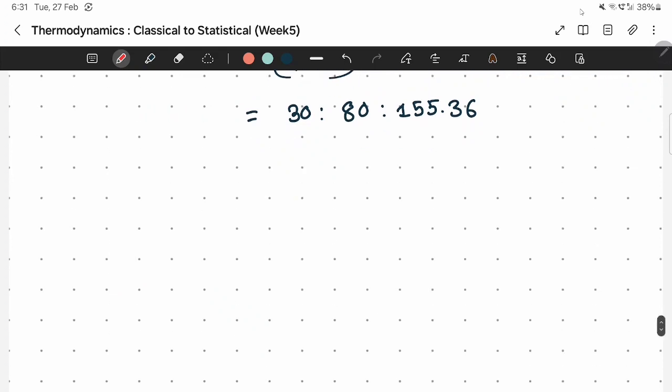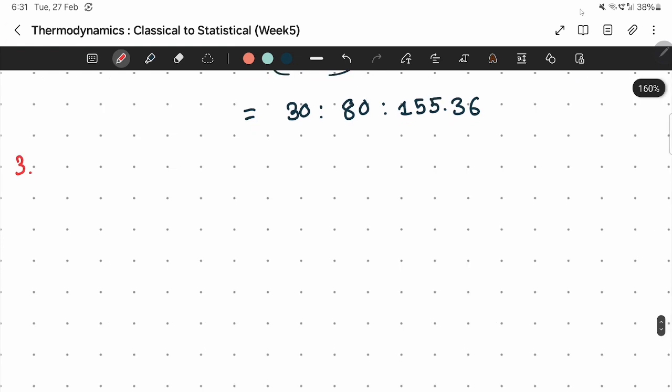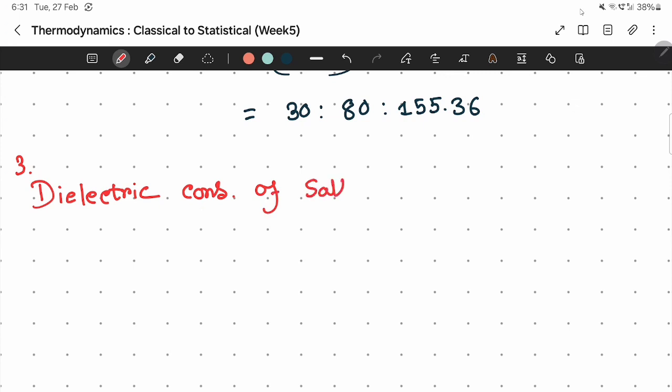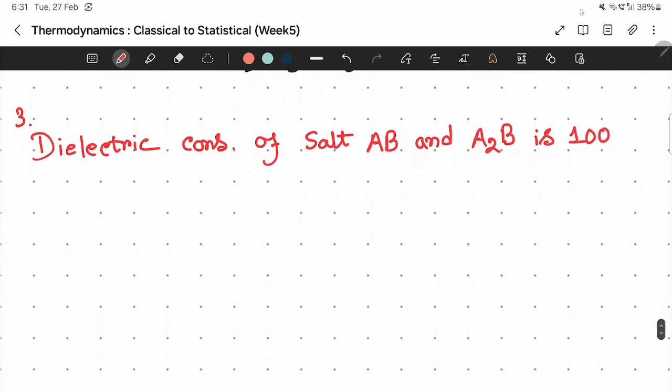Now question number 3. Again the dielectric constant is given. For salts AB and A2B, it is 100 and 121.